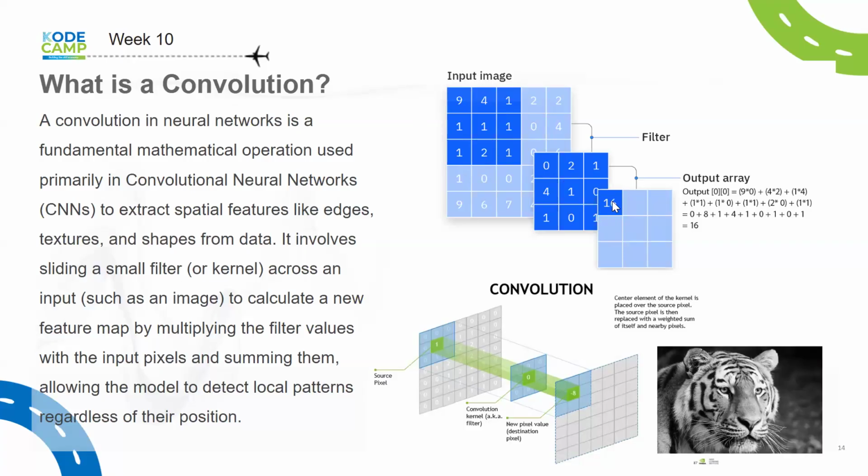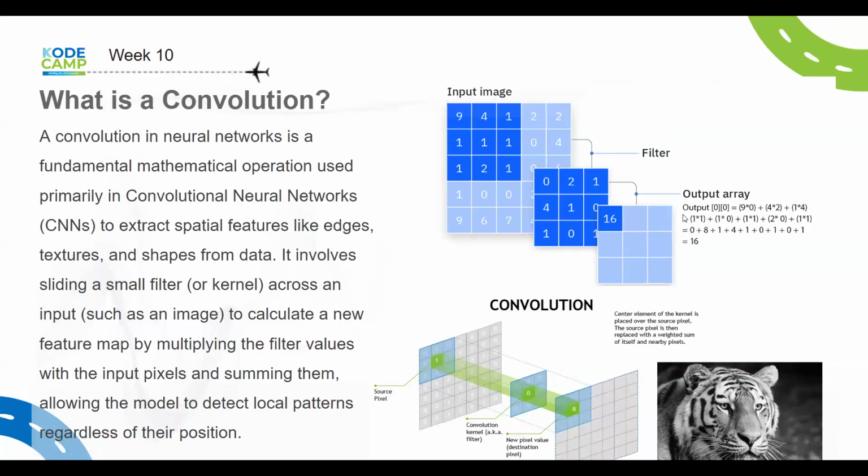Okay, and then it keeps sliding like that until it goes across the entire width of the image and down the entire height of the original image. And you end up having an output that corresponds to that.